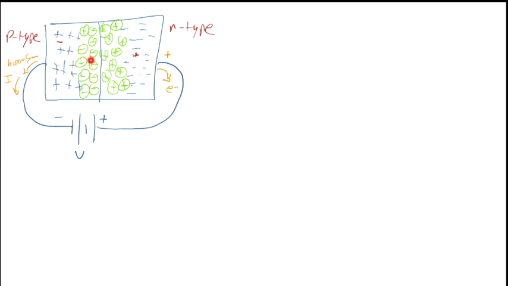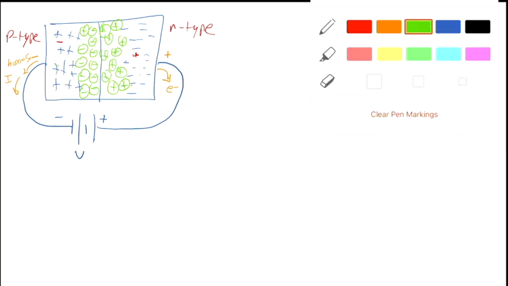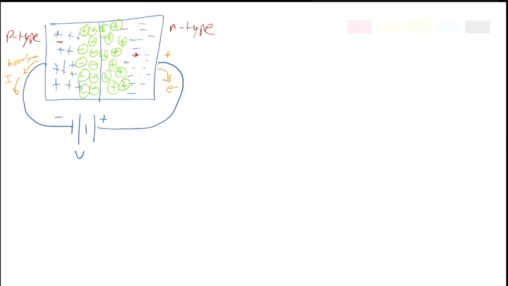If a hole gets all the way over to here, it's going to feel this huge amount of positive charge on the other side of the junction, and it's going to get kicked out. The same thing if an electron came over to here: it's going to feel this huge amount of negative charge on the other side of the junction, and even though it wandered in here, it's going to get kicked out violently.